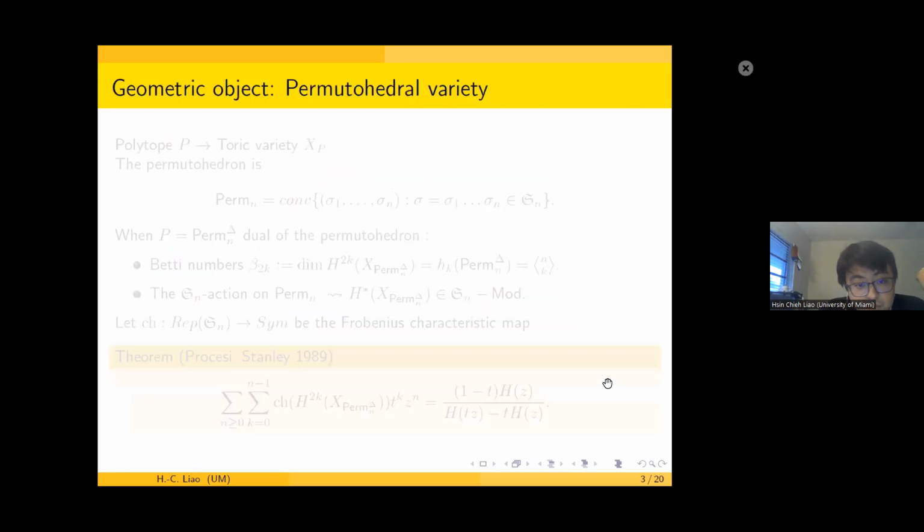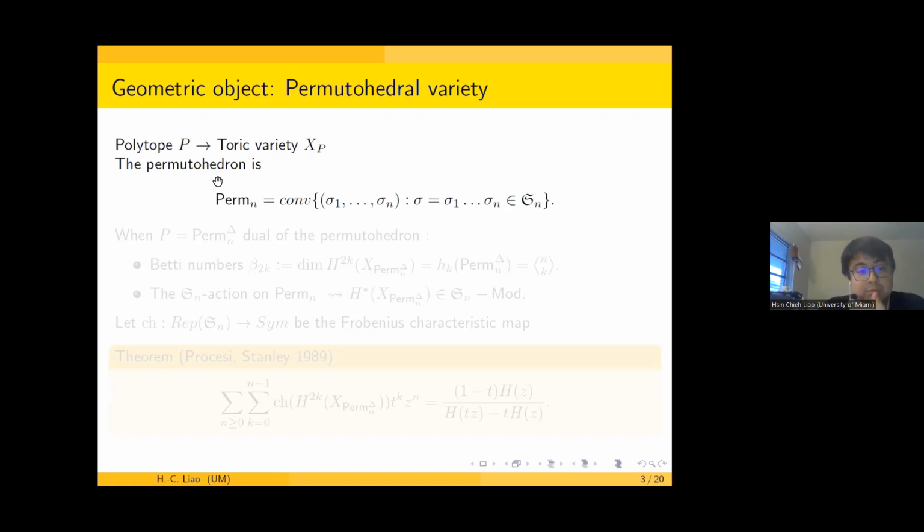In the context of the permutahedral variety, which is a geometric object. And what is this thing? In general, given a polytope P, we can associate a toric variety X_P, and we consider P to be the dual permutahedron.